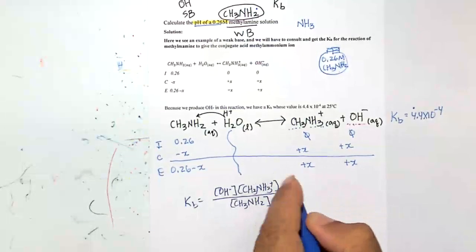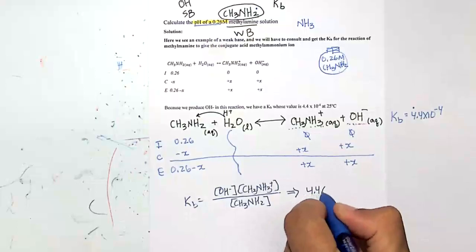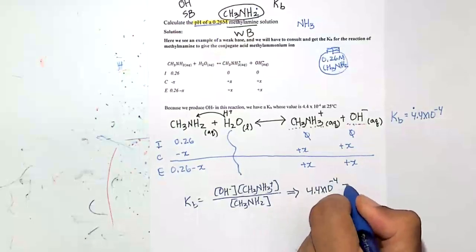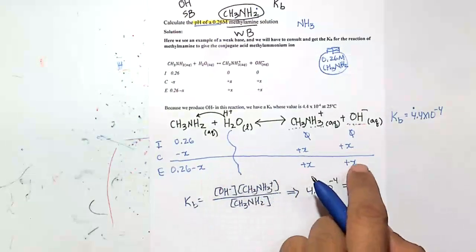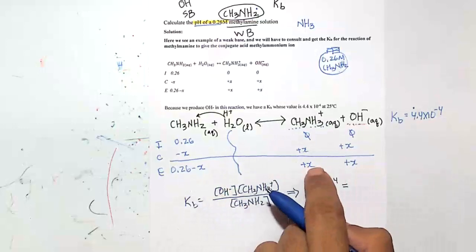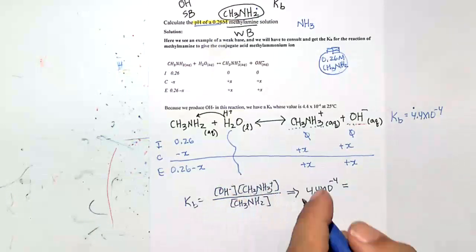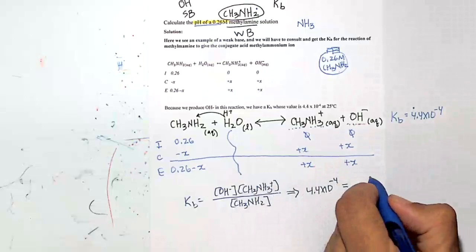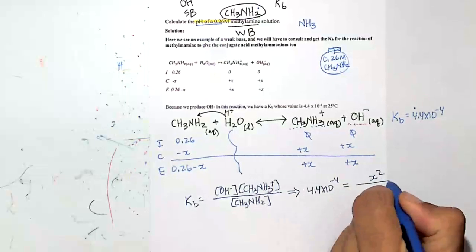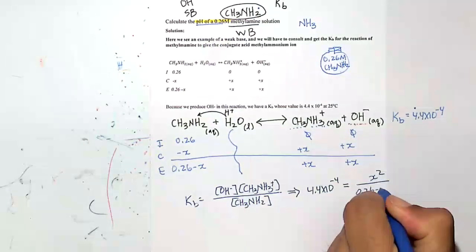All right, so let's plug things in. Kb is 4.4 times 10 to the minus 4. Okay, what is OH minus at equilibrium? X. What is CH3NH3 plus at equilibrium? X. What's x times x? X squared, over 0.26 minus x.